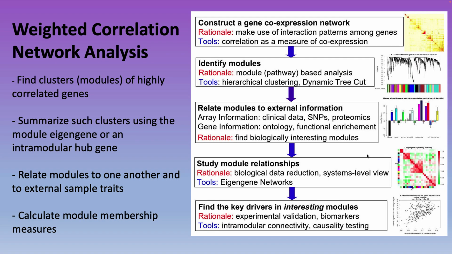There are some interesting methods that apply this. One of them is known as weighted correlation network analysis, or WGCNA. Basically, this is a way to find clusters of highly correlated genes where you don't know if they exist or not.